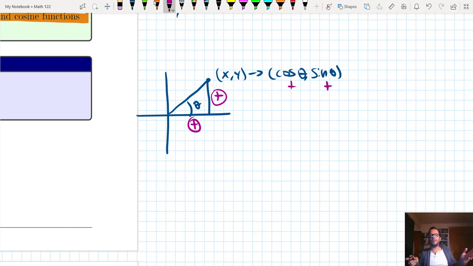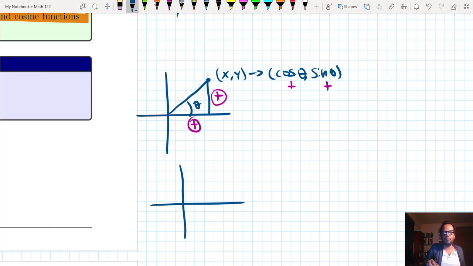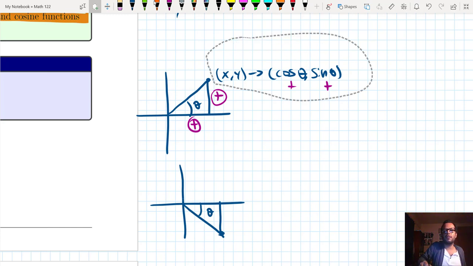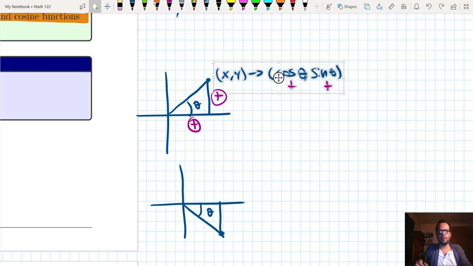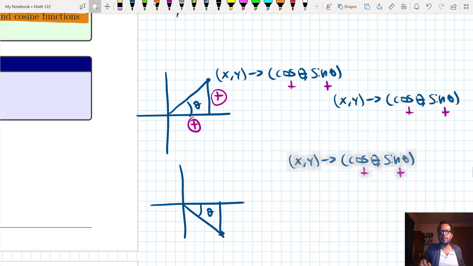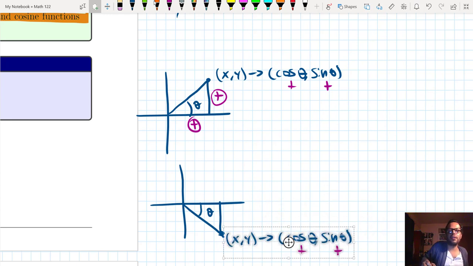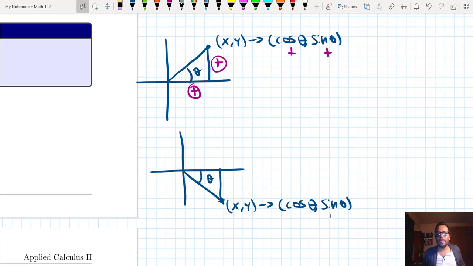So no big deal for cosine and sine being positive when we have a positive angle. But what if we have this point right here, which is the exact same thing as what we had? However, one thing is going to change here. Do you see the sign?